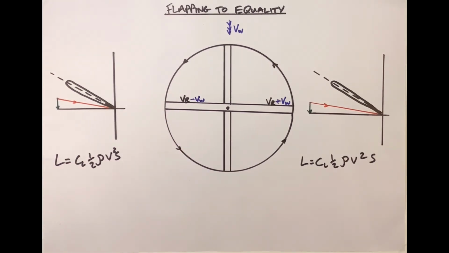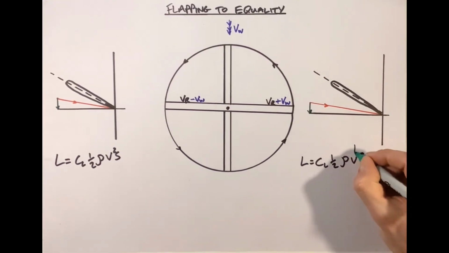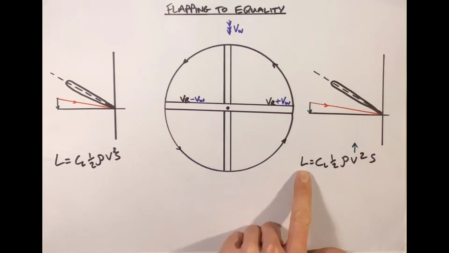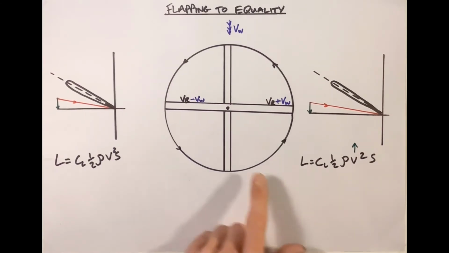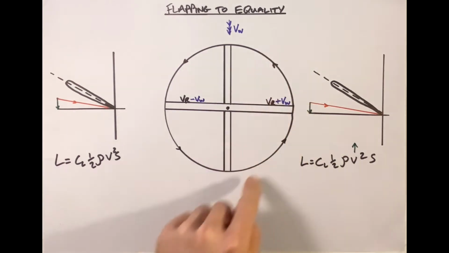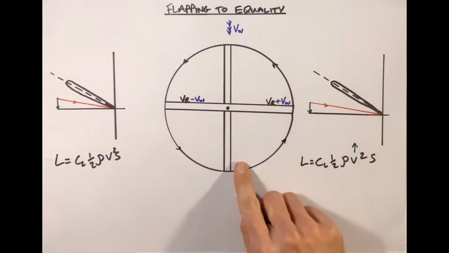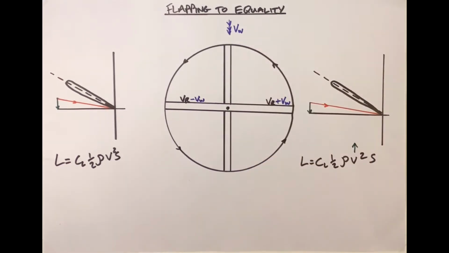So how does that affect things? Well, looking at the lift equation for this particular side, we've got an increase in velocity. And if we've got an increase in velocity on this side, we must therefore have an increase in lift. So on this side, where we are pushing this advancing blade towards the oncoming wind, we're going to get an increase in lift.